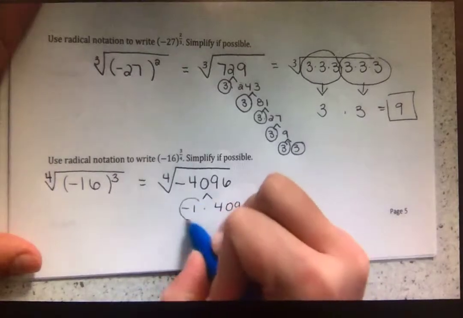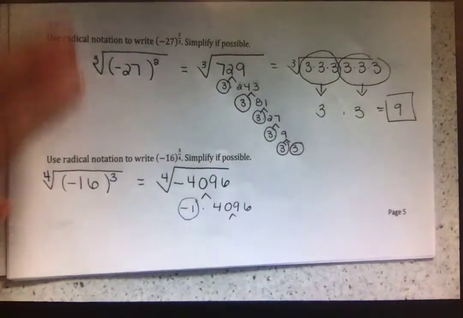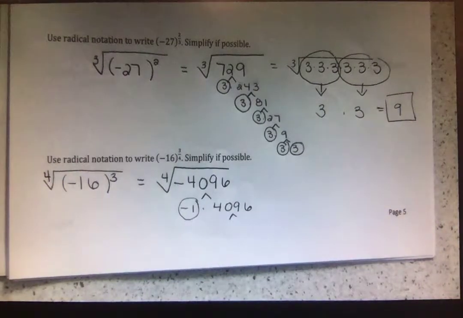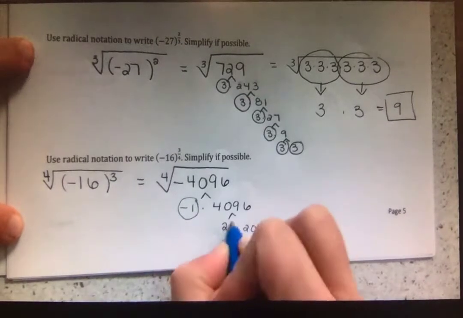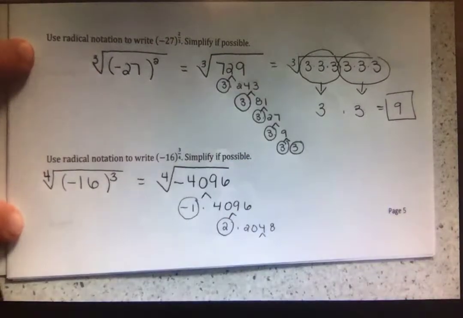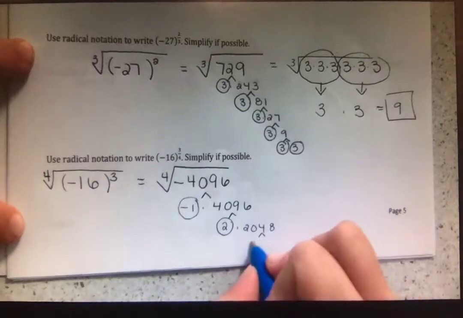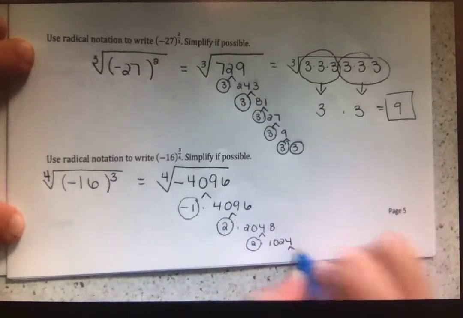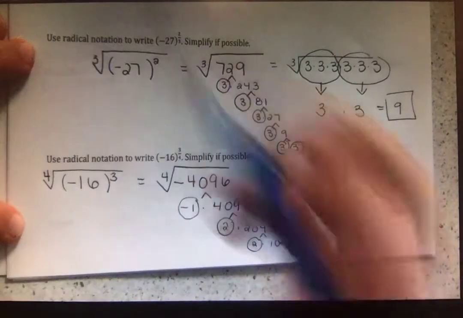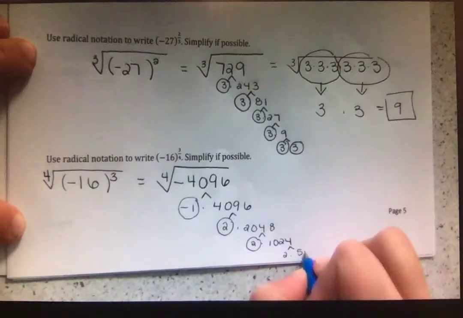-1 can't be broken down any further, so it gets circled. 4096 can be broken down into 2 times 2048. 2 is done, so it gets circled. 2048 is 2 times 1024. 2 gets circled. 1024 is 2 times 512.